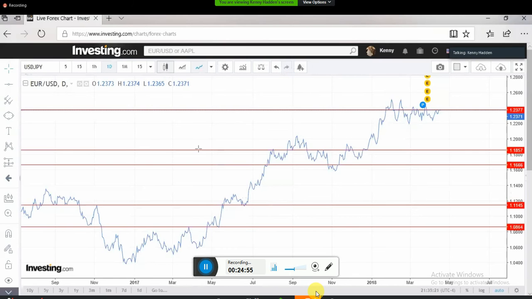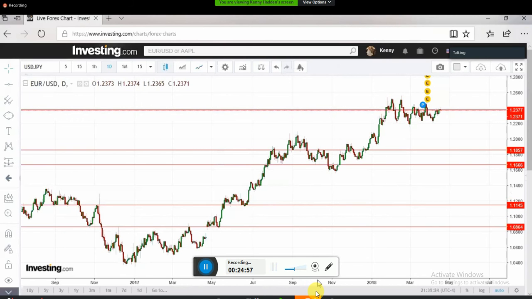So if I go ahead and pull up the candles, now it becomes a better picture of what you're actually looking at. You see how support becomes resistance and resistance becomes support.